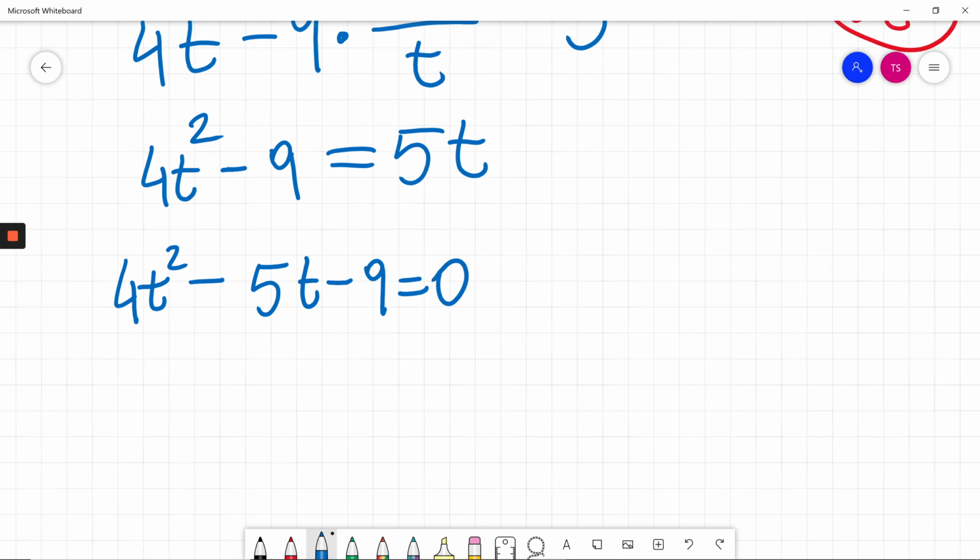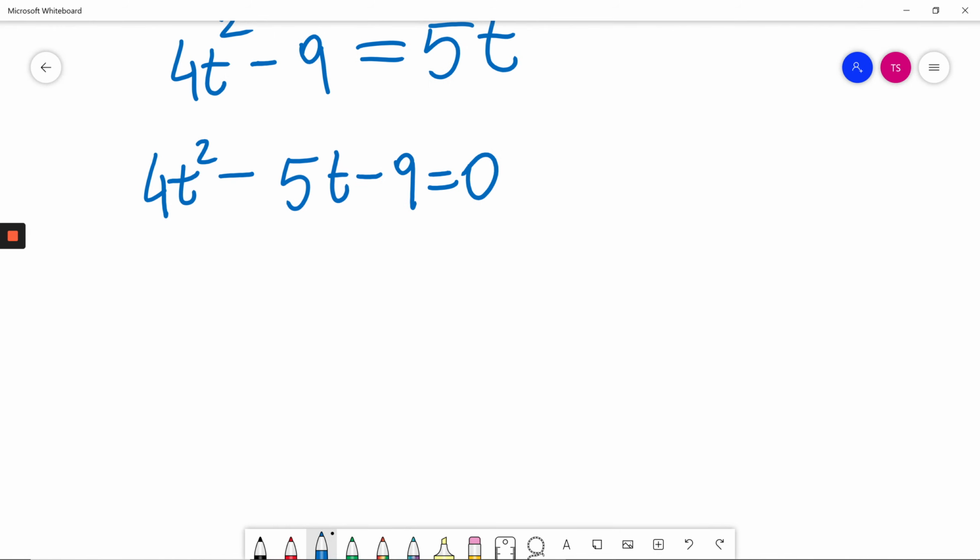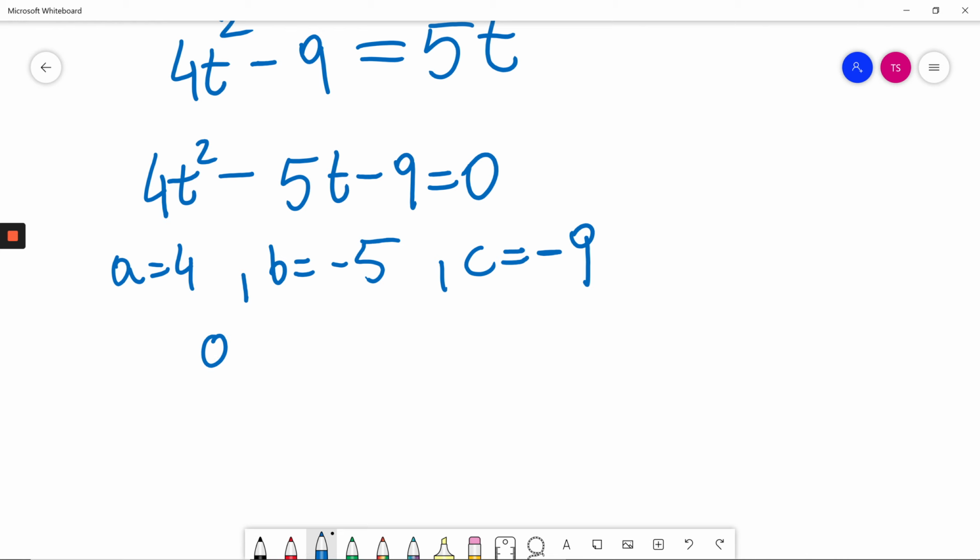I will try to solve it by factorizing, so my a is equal to 4, b is equal to negative 5, and c is equal to negative 9. Now I will calculate what's AC. AC is equal 4 times negative 9, which is equal negative 36.